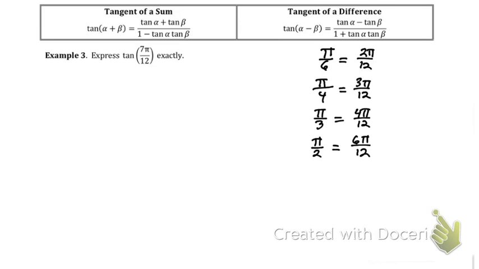What two angles can I add together that would equal 7 pi over 12? Mary. Pi over 4 plus pi over 3 would equal 7 pi over 12.